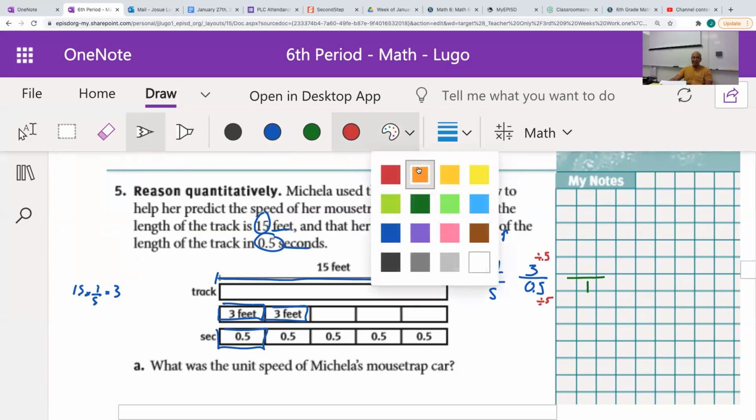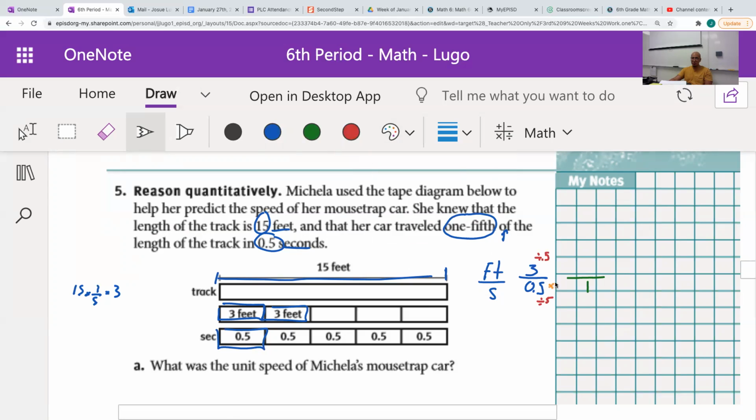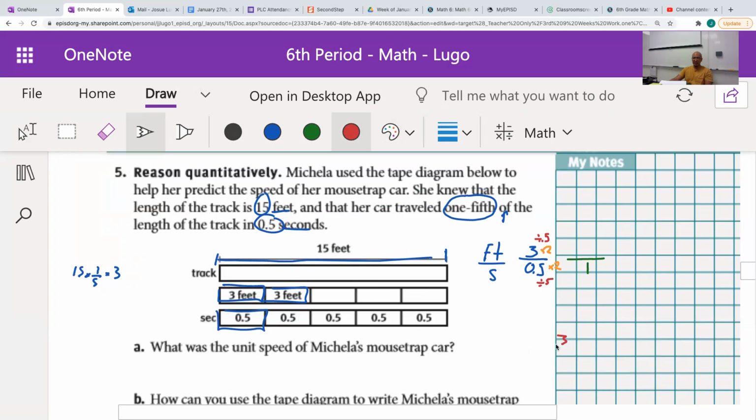Or in this case, 0.5 times 2 is also equal to 1, so I could also multiply 3 times 2. Notice how both of these give me the same answer. Let me show you. Let's try 3 divided by 0.5. I'm going to move the decimal over once, and move the decimal over once. So 5 goes into 30 exactly 6 times.